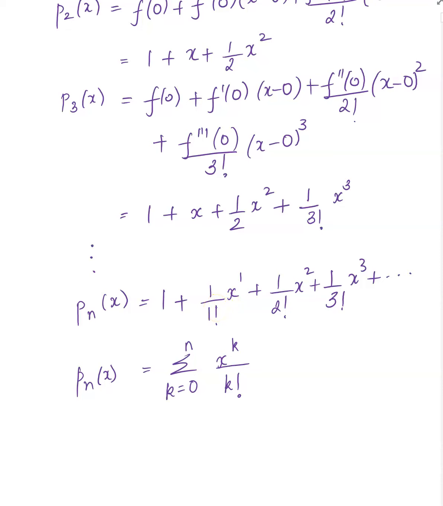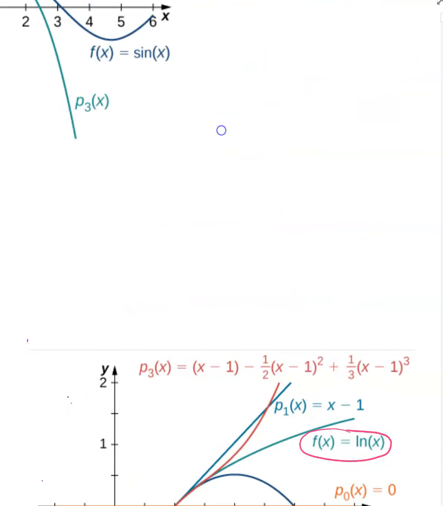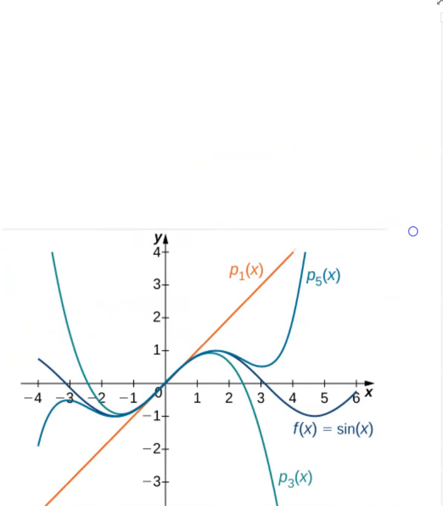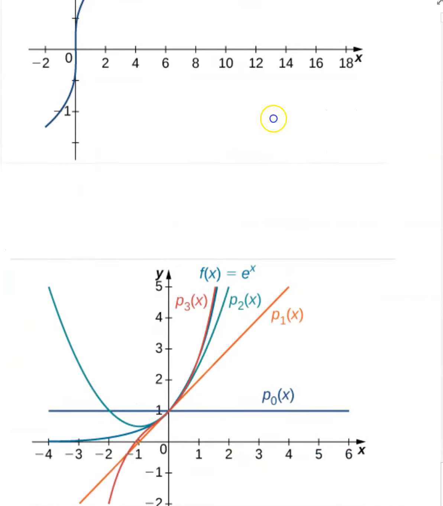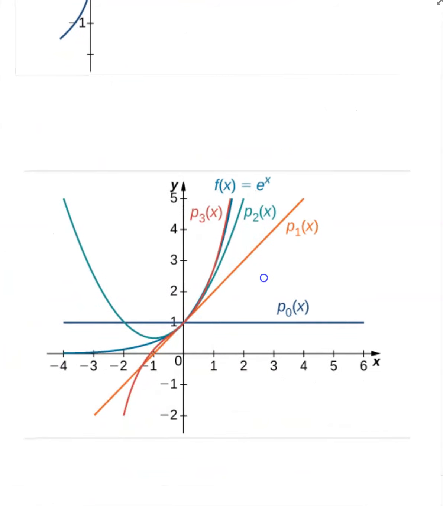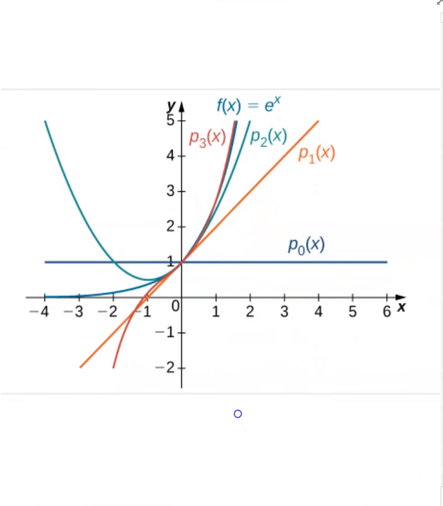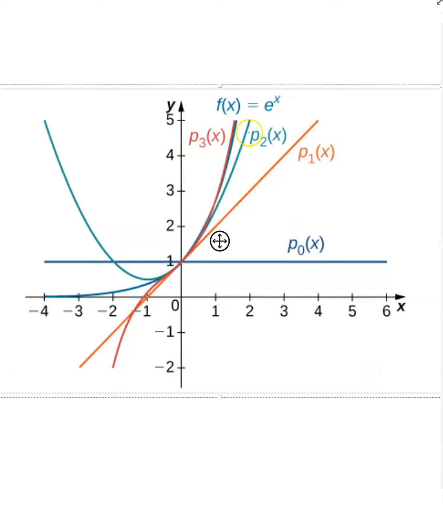Okay. Here too, if you look at the graph, you can see what happens at 0. So we'll take a quick look at that. I have a few graphs here, so let's focus on this one. Okay, e to the power x is this blue one.